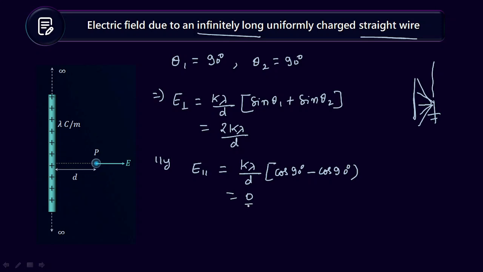So that will be 0. Of course we know that if the angles are the same, then cos theta minus cos theta will be 0 only. So for points which are symmetric to the wire, of same length on both sides or the angle is the same, the electric field will be only along the perpendicular and the parallel will be 0, right? So the net electric field, E net, will be equal to 2K lambda by D.